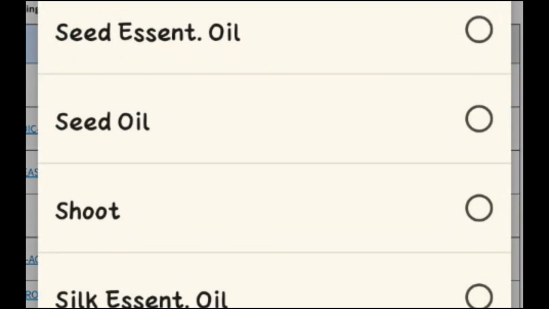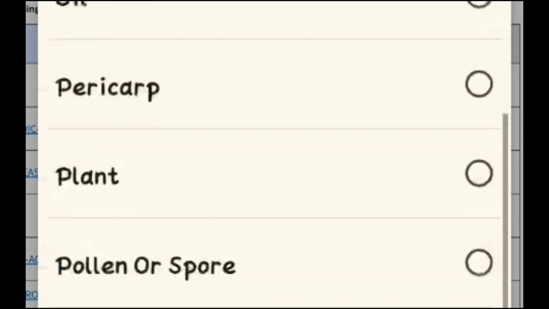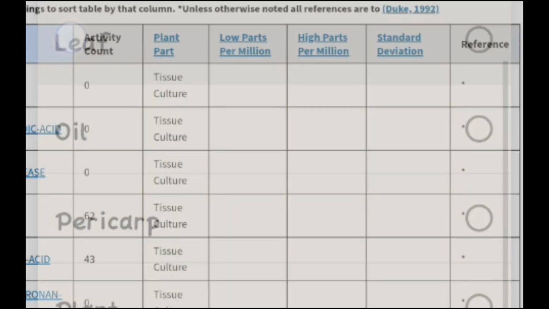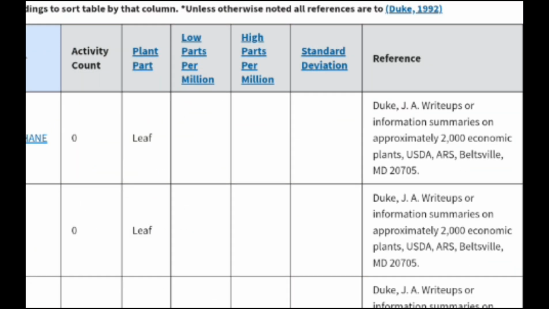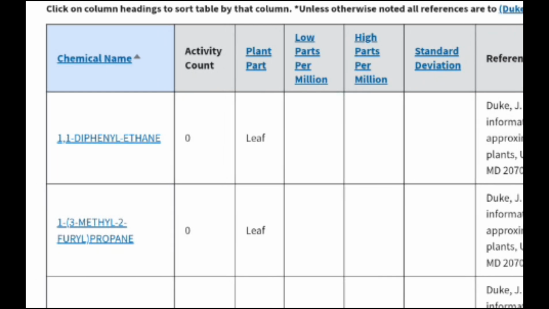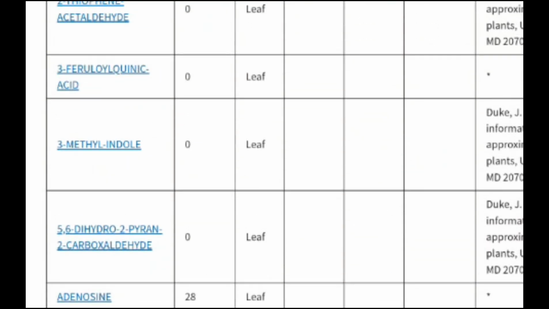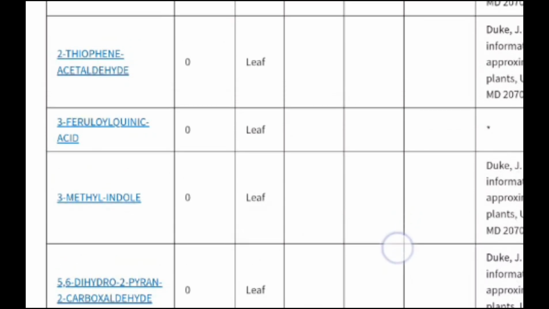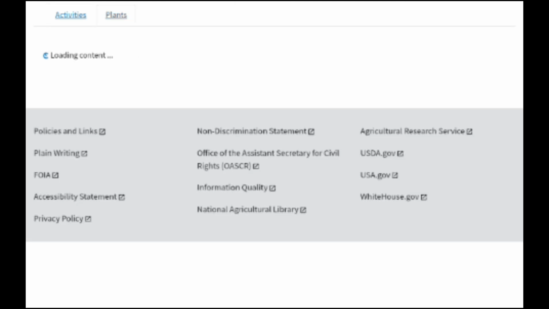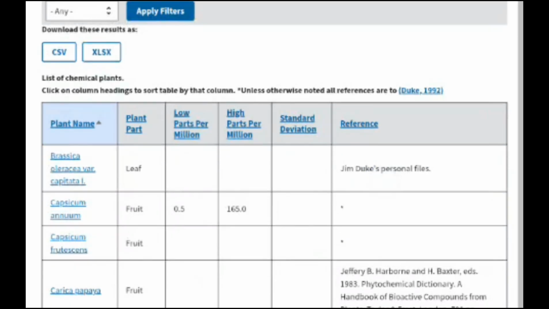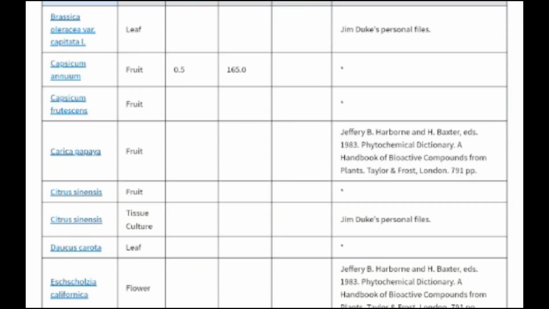Like for a particular leaf, if we apply that, we can know the activity count and the chemical constituents. Other plant names are also given here.